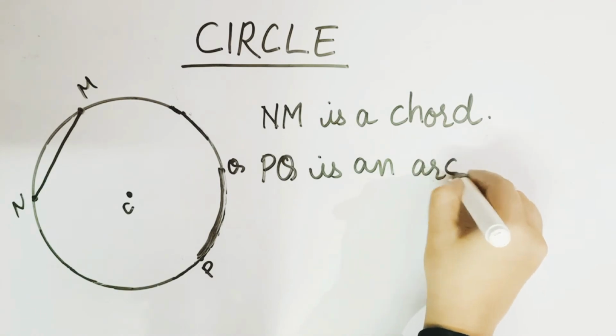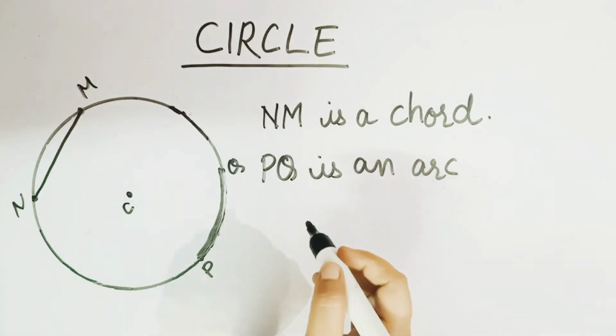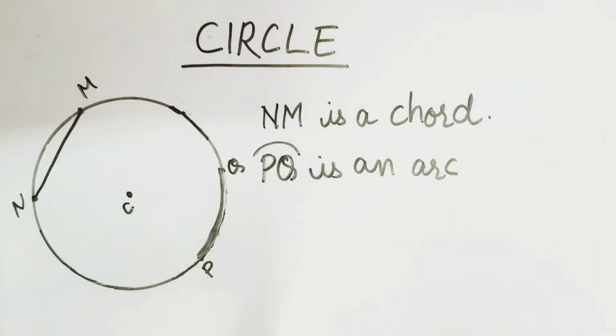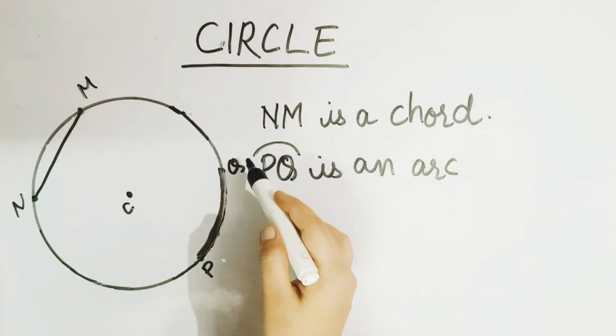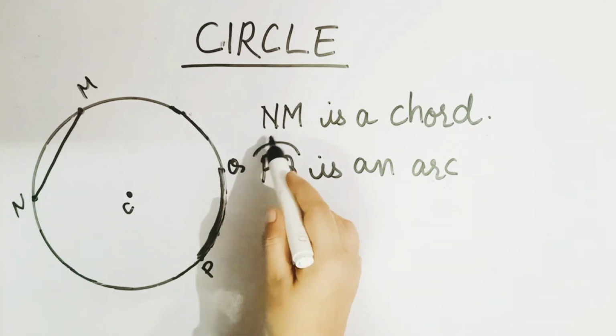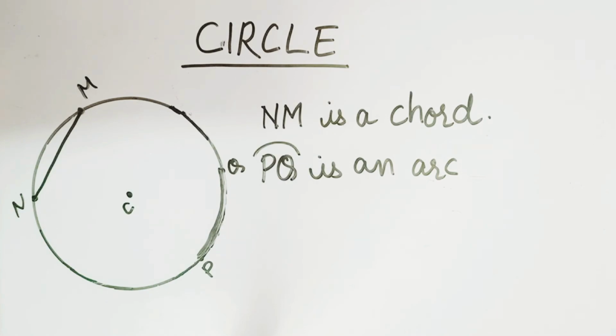Now how to define that PQ is an arc? So we use a special symbol for arc, that is this. This is the symbol of arc. Whenever you have to write down that this is an arc, you have to draw this symbol. Now think why to draw this symbol.